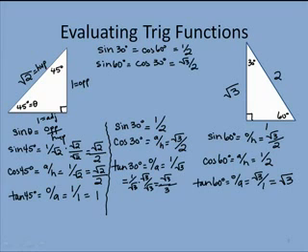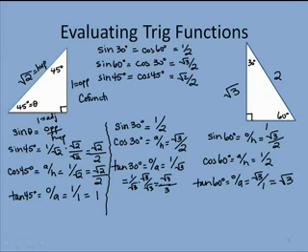And if you look over at the first triangle we did, sine of 45 degrees equaled cosine of 45 degrees, which equaled the square root of 2 over 2. And that leads to an important rule. Write this down.